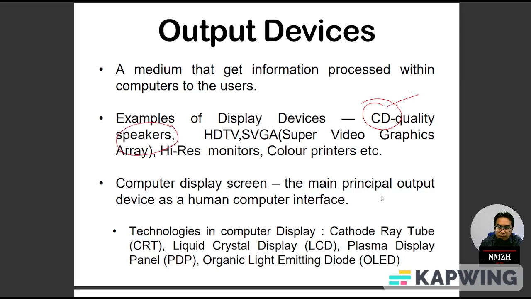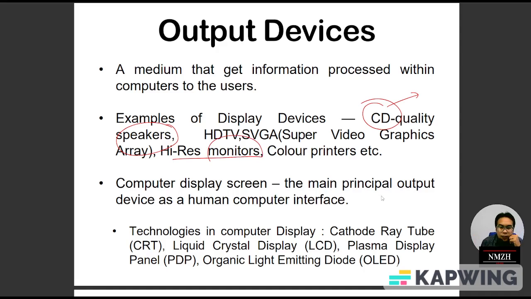CD is basically the place where we burn or put the data on that kind of storage. Speakers produce the DAC sound, from digital to audio, so we can hear any voices with our ears. Monitors, obviously, now I'm looking up at the monitor.